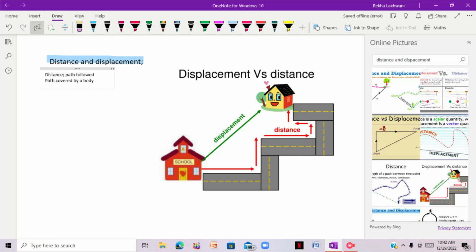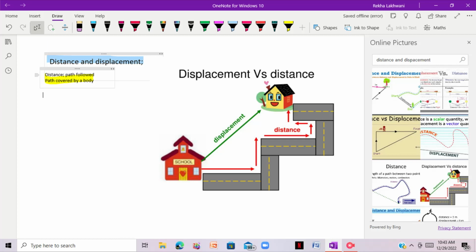Now, what is displacement? Basically, distance does not require any direction. If a quantity does not require a direction, it means it is a scalar quantity.